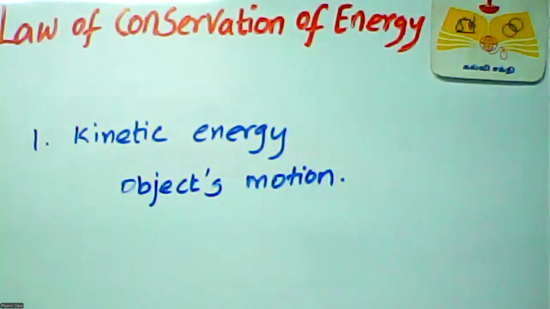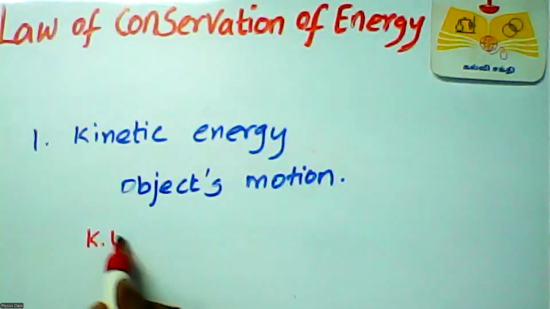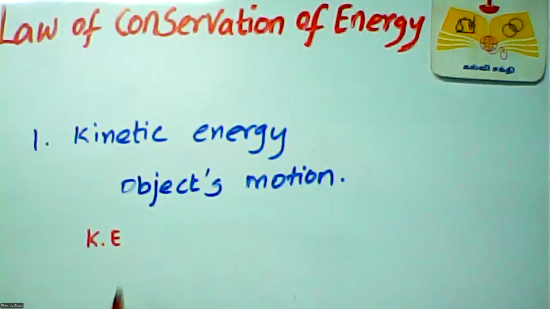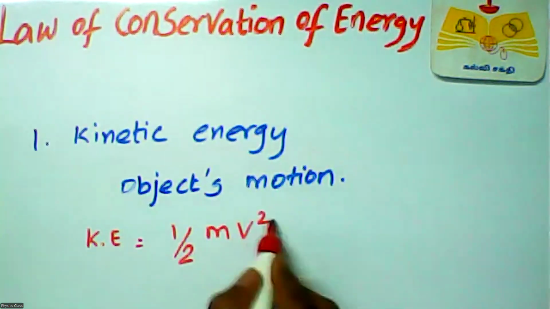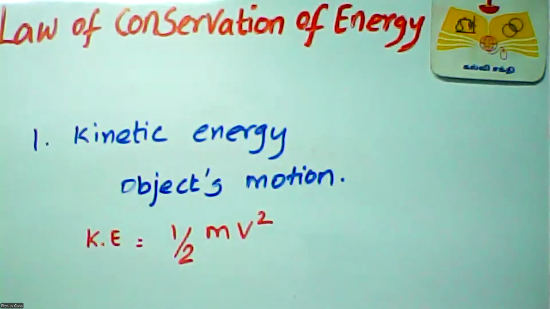Clear? Kinetic energy is the energy due to an object's motion. The formula for kinetic energy, KE, is equal to half m v square. Here, m is the mass of the object, and v is the velocity of the object, or you can say speed.